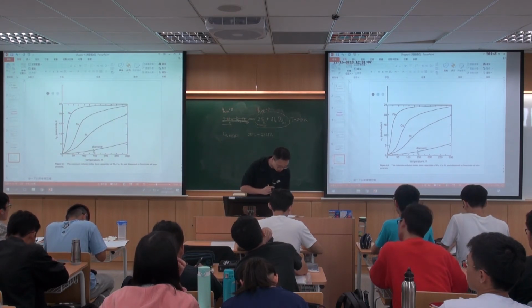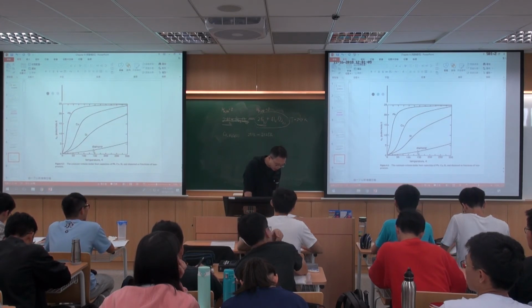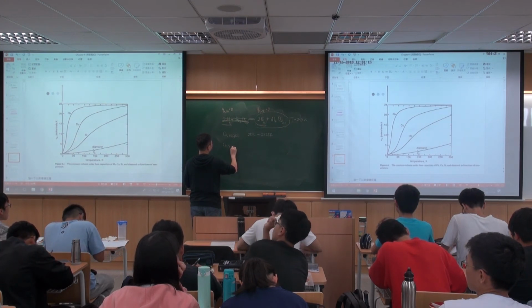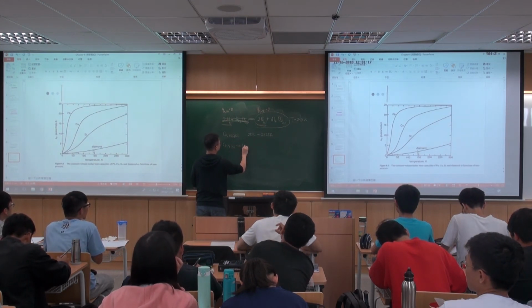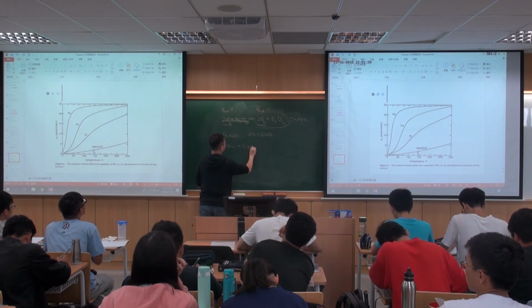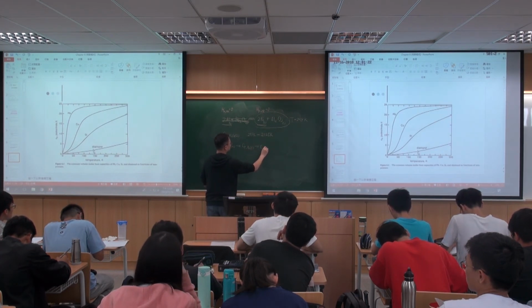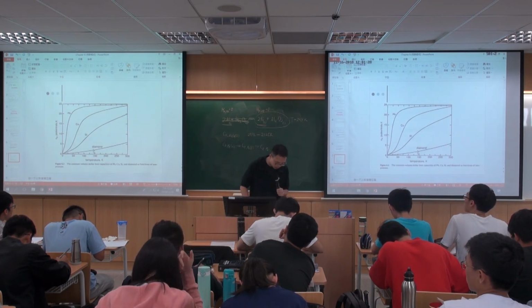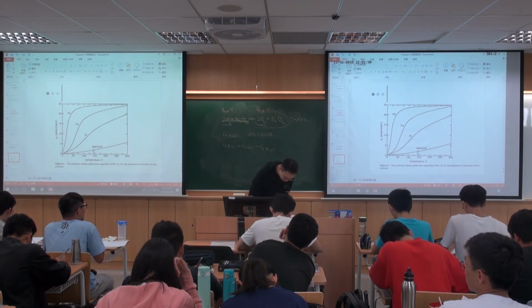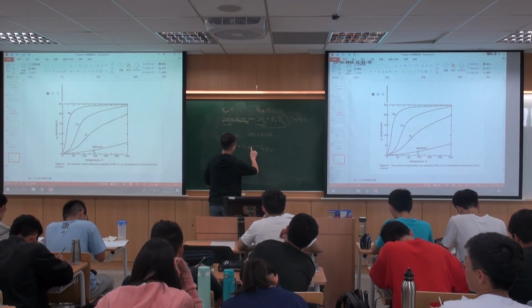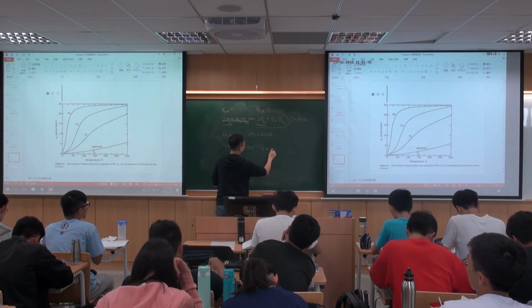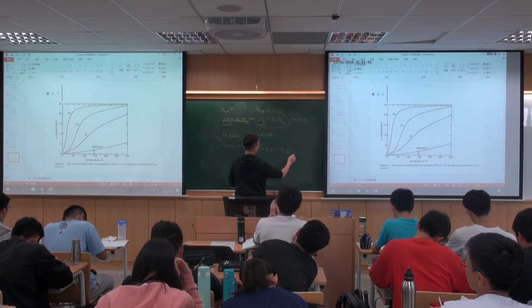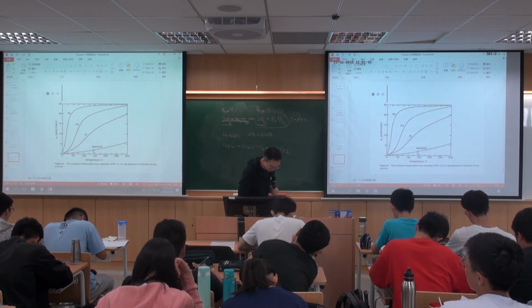And for iron, it's more complicated. It has alpha, gamma, and delta phases, and then this will become liquid.